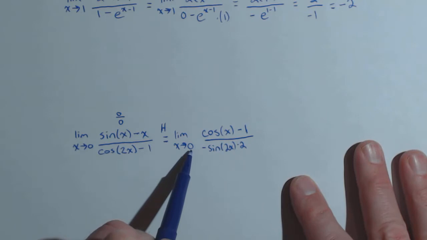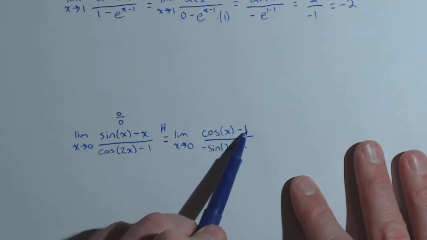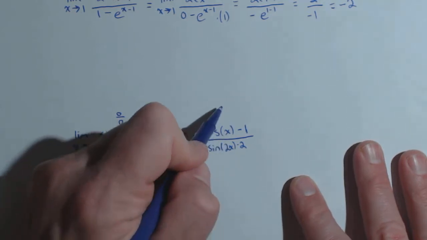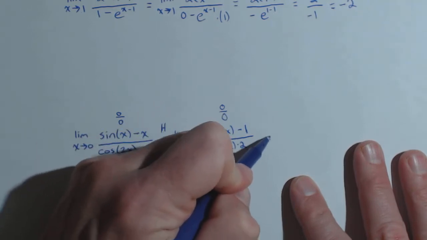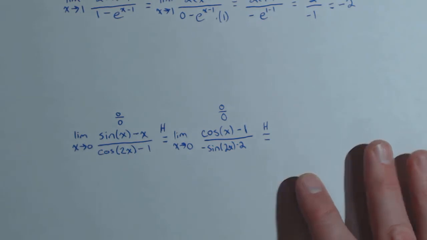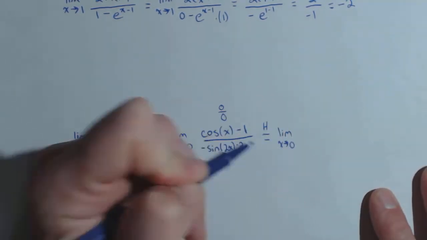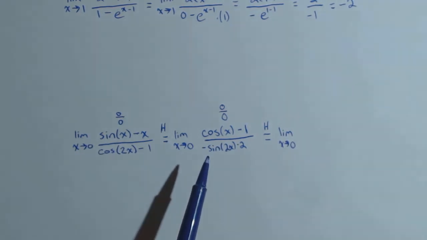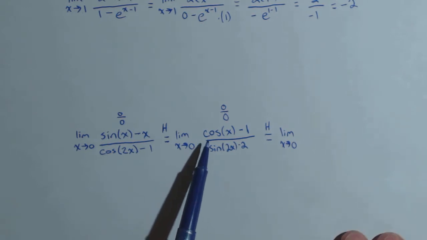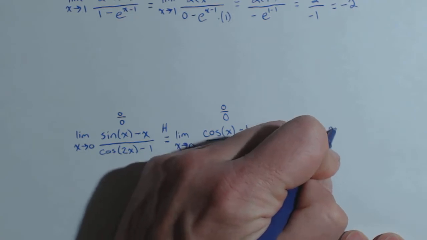Alright, so let's see what happens when we plug 0 in. Notice on top I'm going to get 1 minus 1, which is 0, and on bottom, sine of 0 is 0. So this is another 0 over 0, so we can go ahead and use another iteration of L'Hopital's rule. So I'm going to use it twice. So I have the limit as x goes to 0, and now I'm going to take the derivative of cosine x, which is negative sine of x.